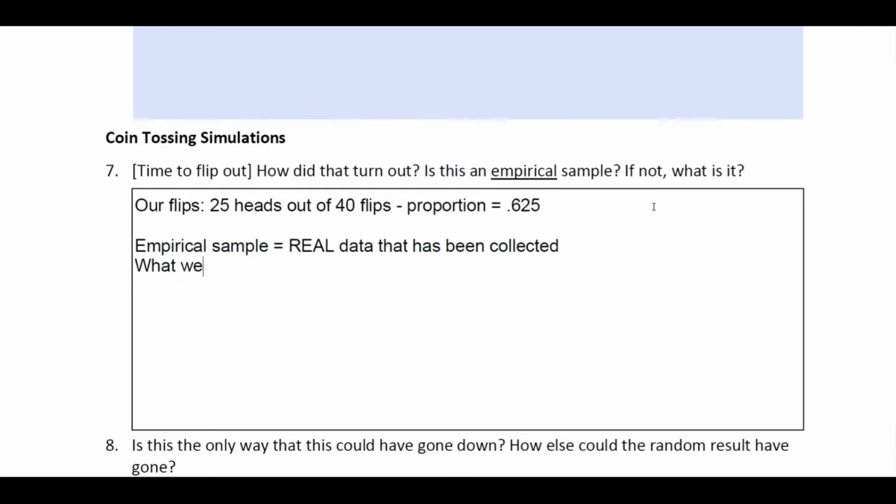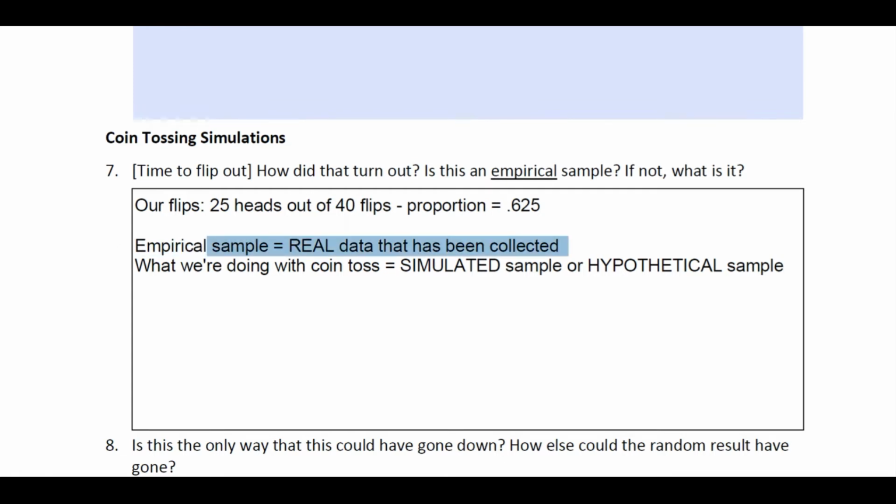What we're doing with the coin toss is called a simulated sample or hypothetical sample, right? And I'm usually going to use the term simulated sample. So we like to define the difference between empirical and simulated. Empirical is real data.